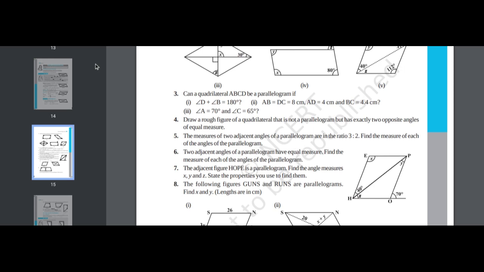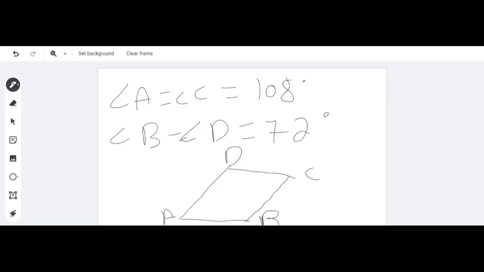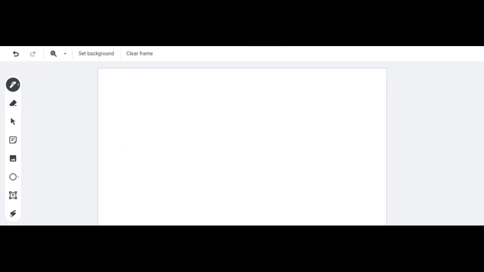We have to find the measure of each angle of the parallelogram. What did they ask? Each measure of angles of a parallelogram.